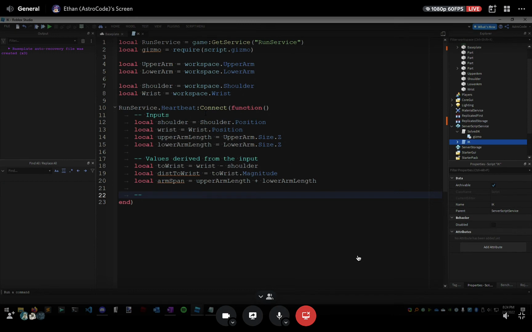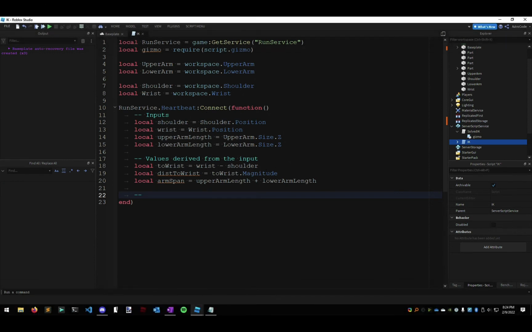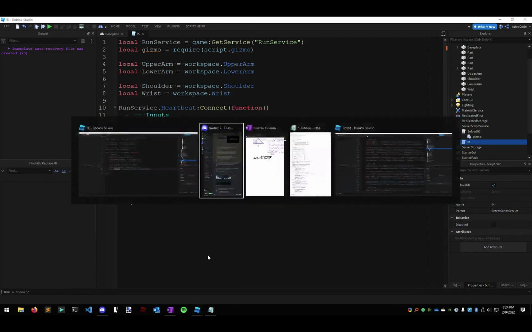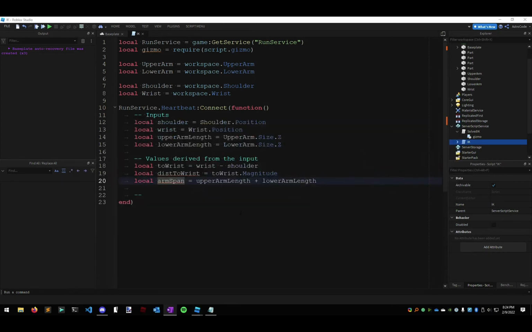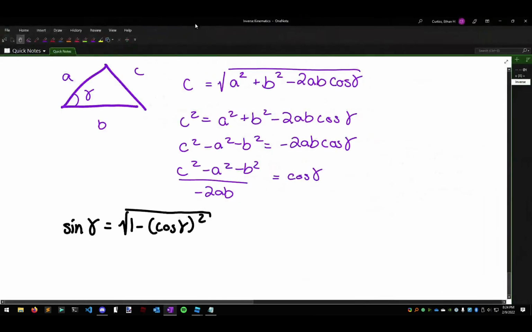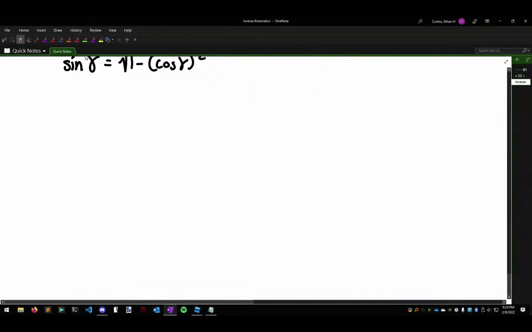We didn't use that in the math just now. Why is that necessary? Which one? The arm span. Oh, yeah, okay, this is something I forgot to explain. There are a few different scenarios for how our circles can intersect.